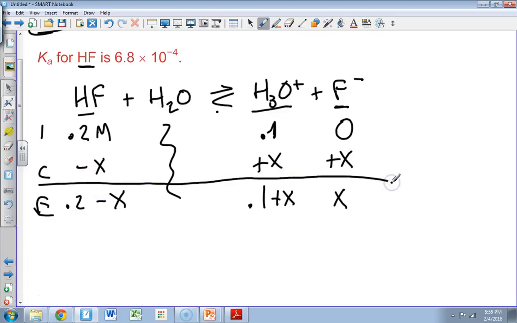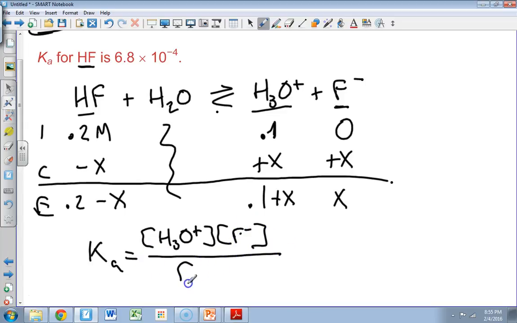Boom. Okay. Now the equilibrium expression for this is, let's see, Ka equals the concentration of H3O+ times the concentration of F- all over the concentration of HF.